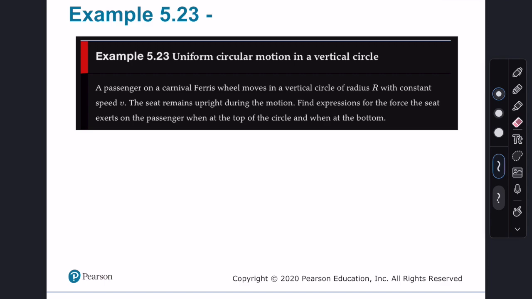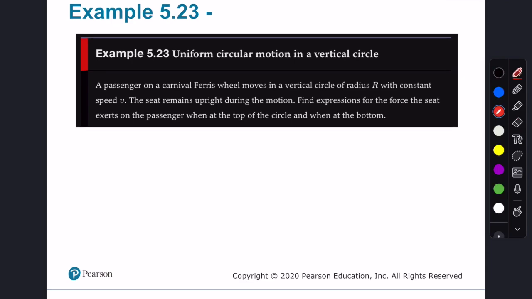So let's draw a sketch. We are on a Ferris wheel and our seat always remains upright. When we're at the top of the Ferris wheel and when we're at the bottom of the Ferris wheel, the normal force that is on us due to the seat is going to change, okay? So let's take a look at that.